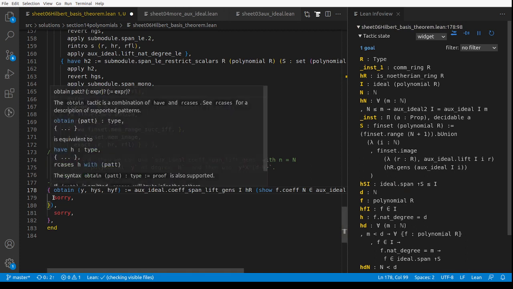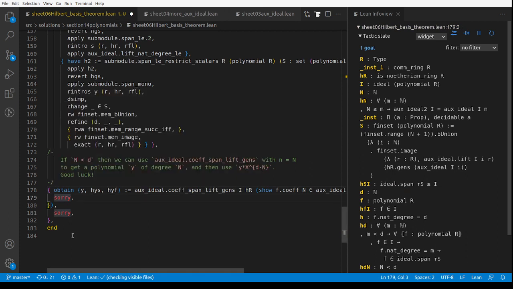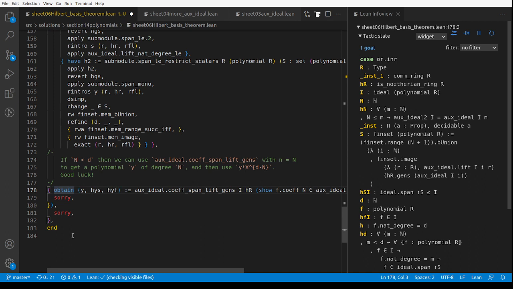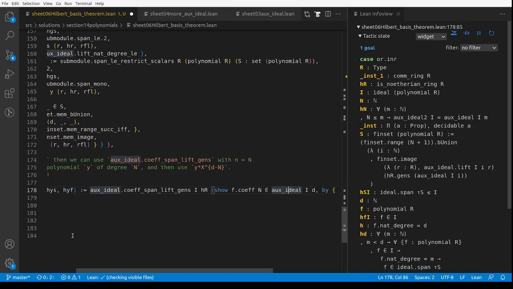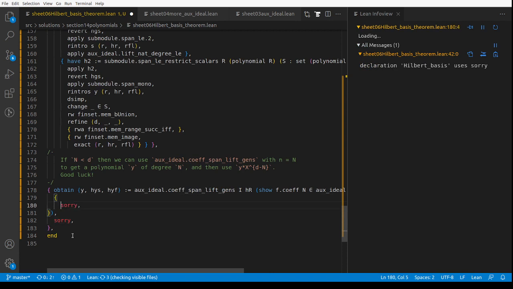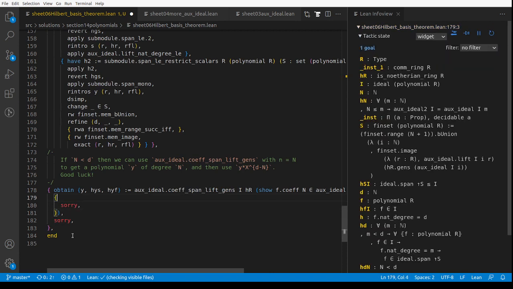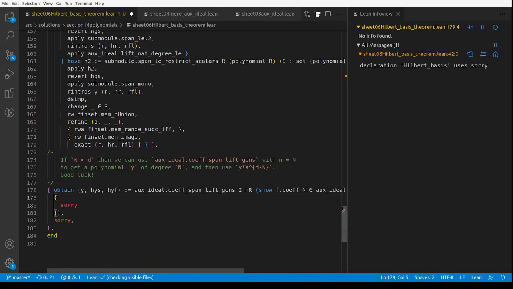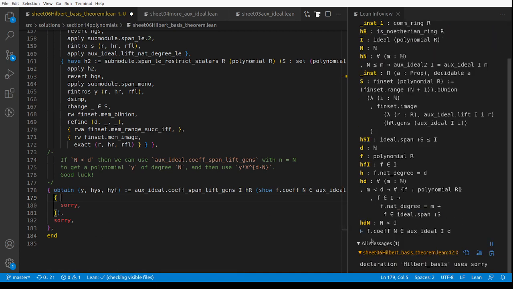Great. I've got one warning, which is my indentations are not so great, are they? By. Why don't I do that? There, that looks nicer. Okay, so I've got to prove that the coefficient of x to the n is in this ideal ID.